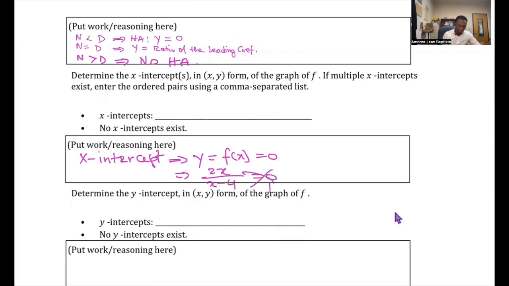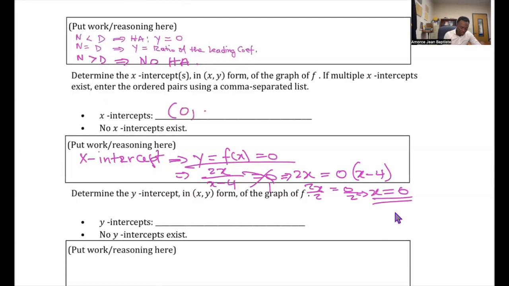You can cross multiply to get 2x equals 0 times the denominator, x minus 4, which is still 0. So 2x equals 0. Divide by 2, x equals 0. So you have x equals 0 and y equals 0. So that's 0, 0, which would be your x-intercept.